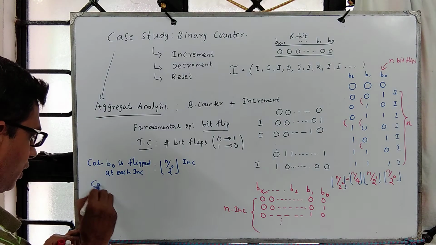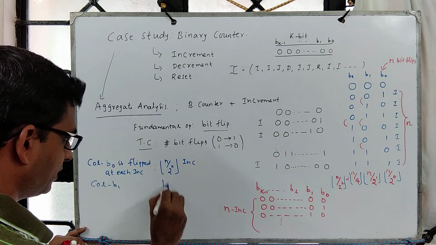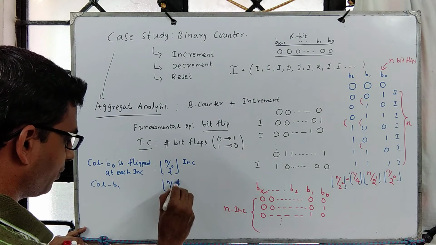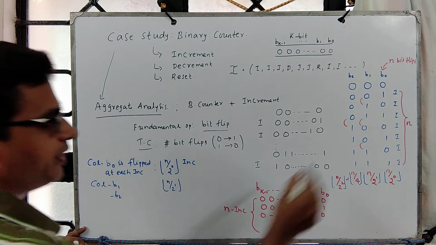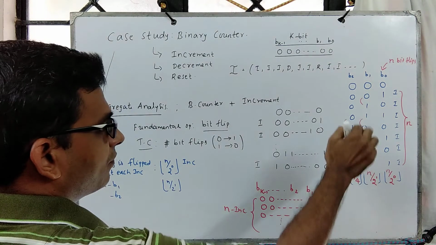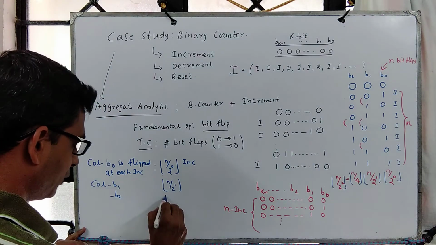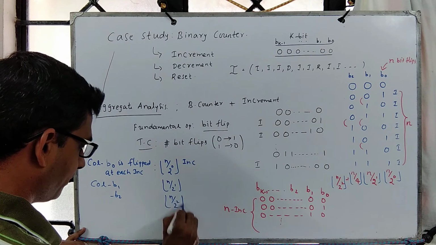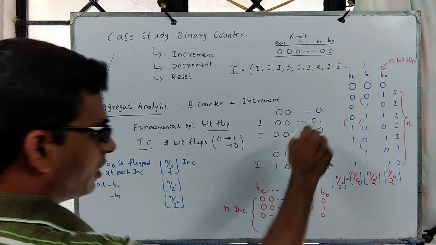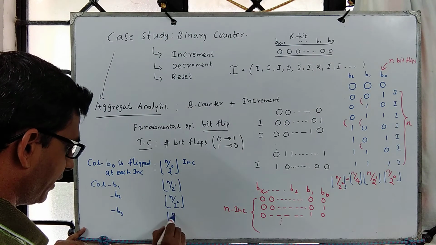Then column B1 alternates, so which is n by 2 power 1. Column B2, for every 4 increments there is one bit flip, so which means that is n divided by 4, or 2 square. The next column, for every 8 there will be a flip, so which means n divided by 2 cube.